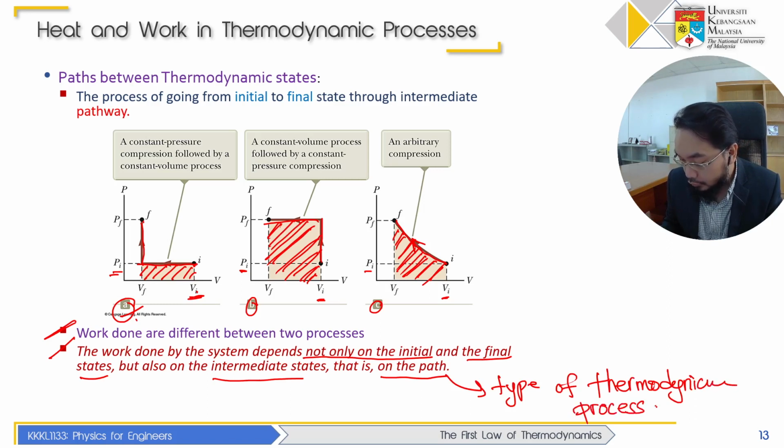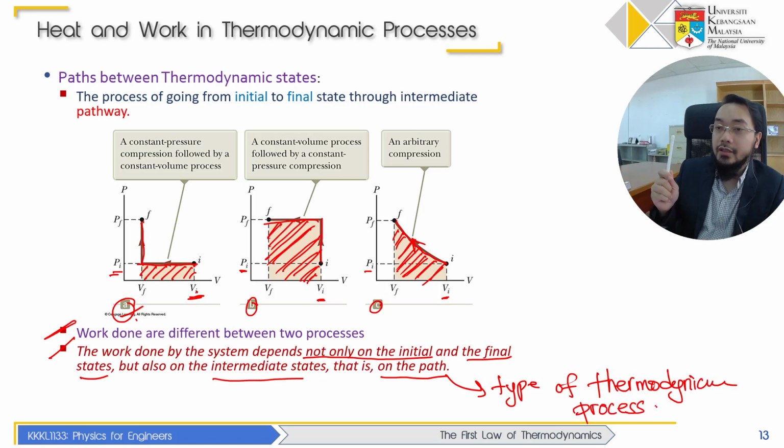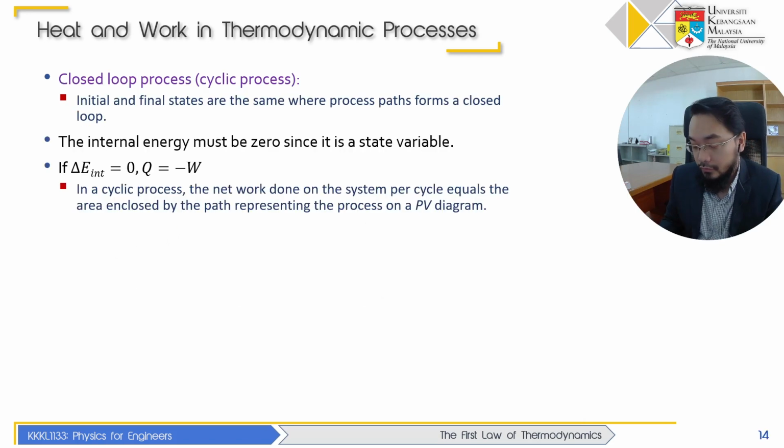To change the thermodynamic state from initial to final, there can be more than one process you can use to achieve that. Depending on the type of process you choose, the work done will be different. In fact, the heat transfer Q will also be different, and the change in internal energy will also be different.